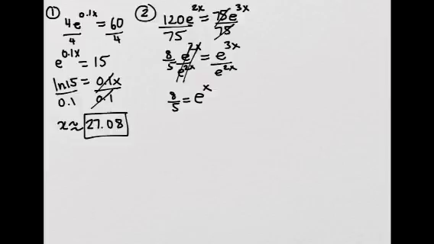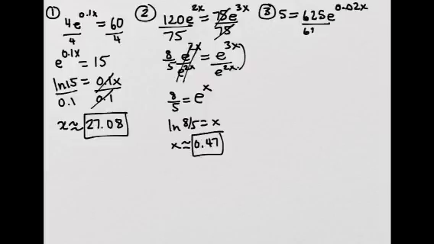When you combine these two, it's 3x minus 2x, so you get e to the x. And so now I get natural log, because the base is e, of 8/5 equals the exponent x. So you take natural log, and x is approximately 0.47.